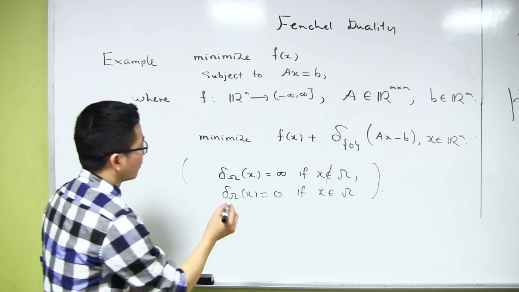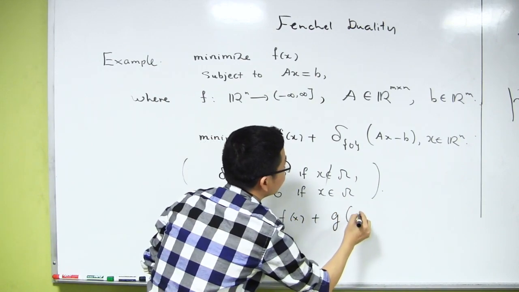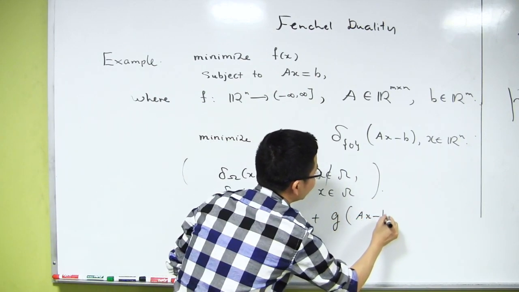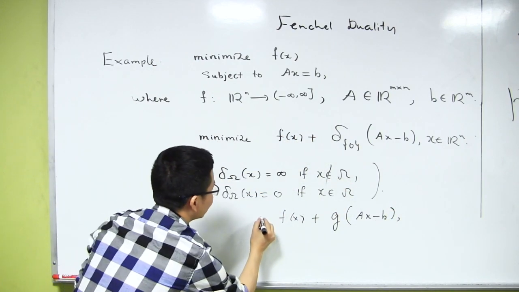Fenchel duality for f of x plus g of Ax minus b. And what is the function g in this situation?